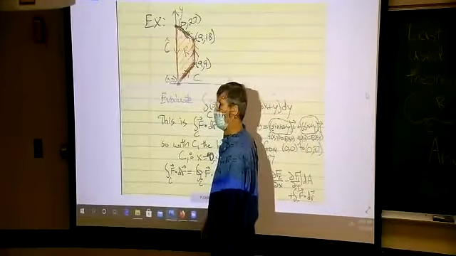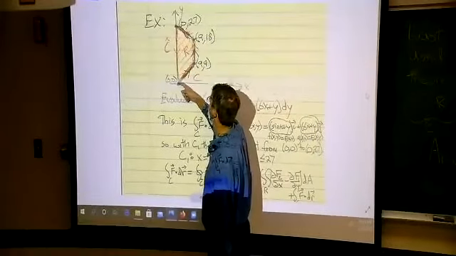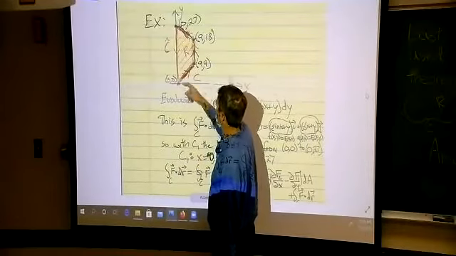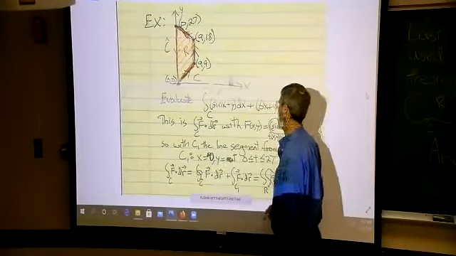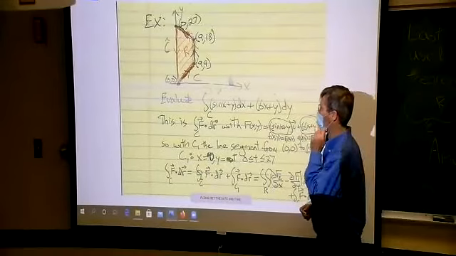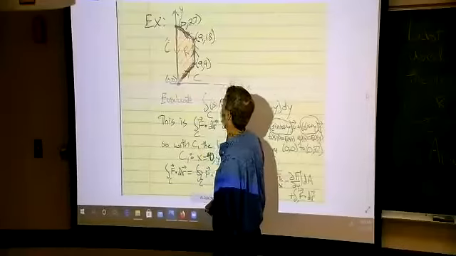to be able to evaluate it. Maybe I could do it easier with Green's theorem by closing the curve, making a closed curve, that's the red one here, and then subtracting off this part, right? So that's what I'm going to do. I'm going to use Green's theorem to evaluate the line integral along the closed curve, and then subtract off one line integral along this boundary.